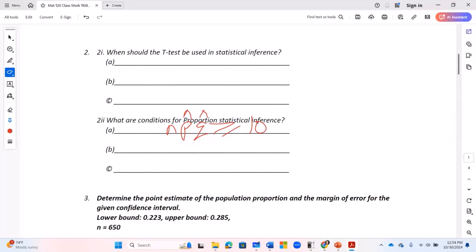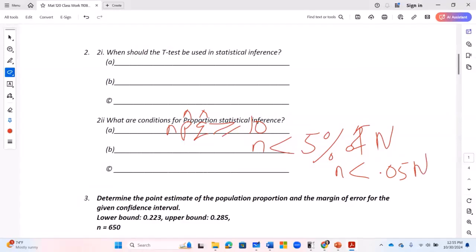Now the next condition for using population proportion is that sample size must be less than 5% of the population. You can write it this way: n is less than 0.05 times population.